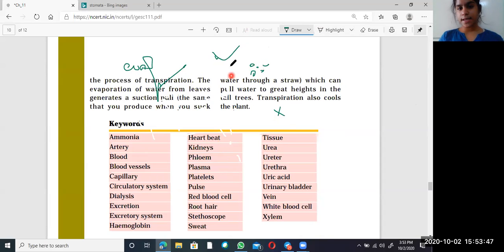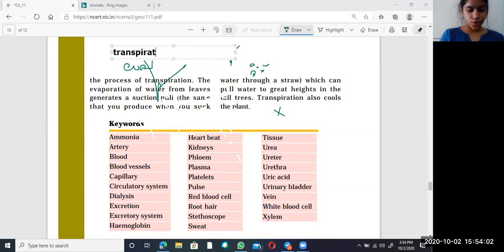That process in which the plant evaporates water is known as transpiration. We call that process transpiration. Right? Hope it's clear.